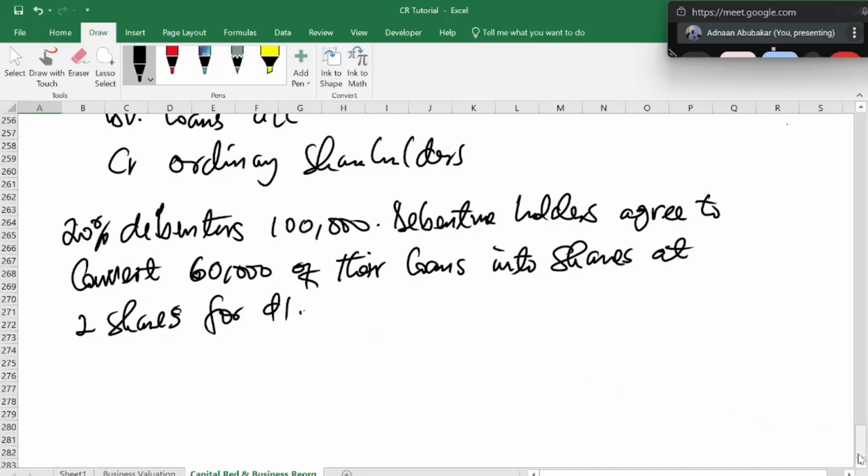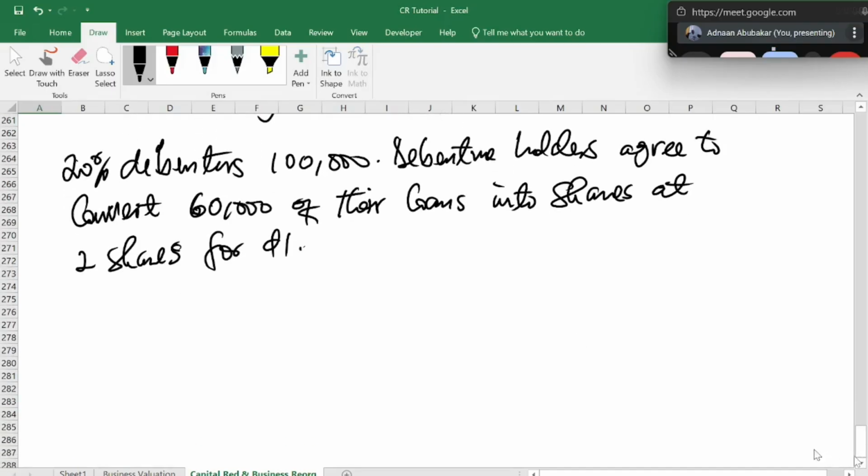Good. So here, this is how it's going to happen. Follow me here. The total debentures is 100,000, right? And they say that they should take 60,000 of that 100,000 to become ordinary shareholders.